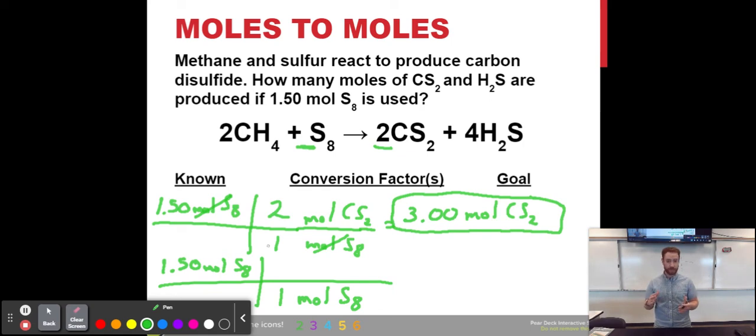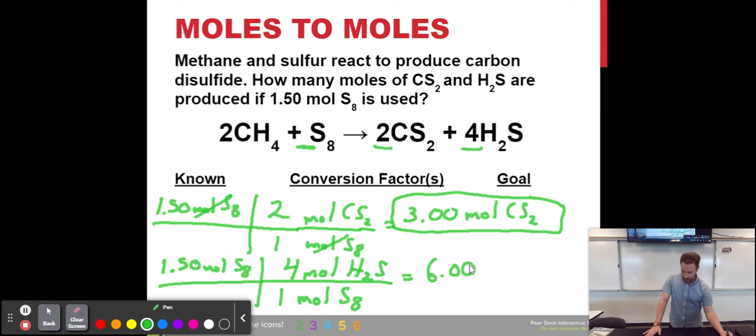I want it to disappear so that I'm only left with whatever unit is here, my unit of interest. 1 mole of S8 reacts to form 4 moles of H2S. So numerically, this is going to be 1.50 times 4, which is 6.00, and the units are moles of H2S.